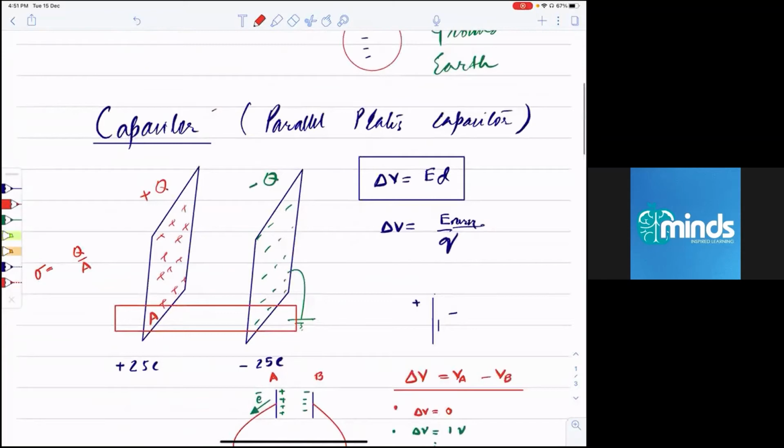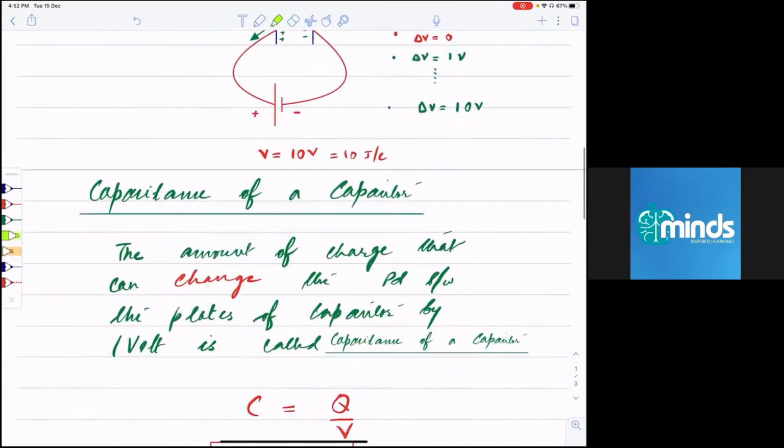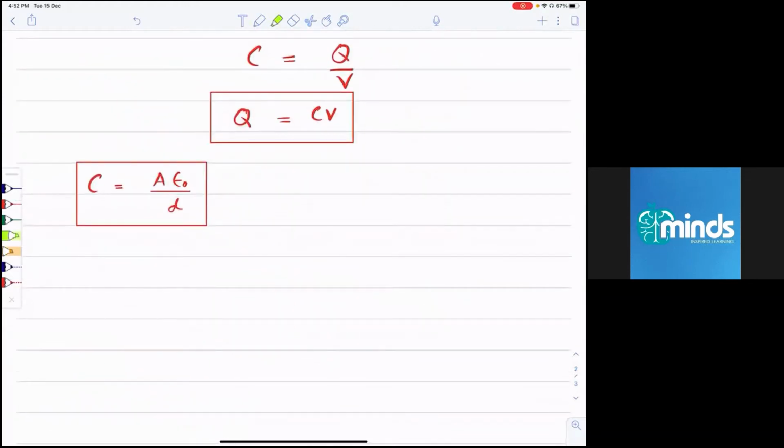If you look at this, A is the area of the plate, right? And I use D as the separation of the plates. So when we are talking about capacitance of a capacitor, it actually depends upon the geometry of the capacitor. And when I use the terminology geometry, it means the area of the plate and the distance between the plates. So let me write here as well.